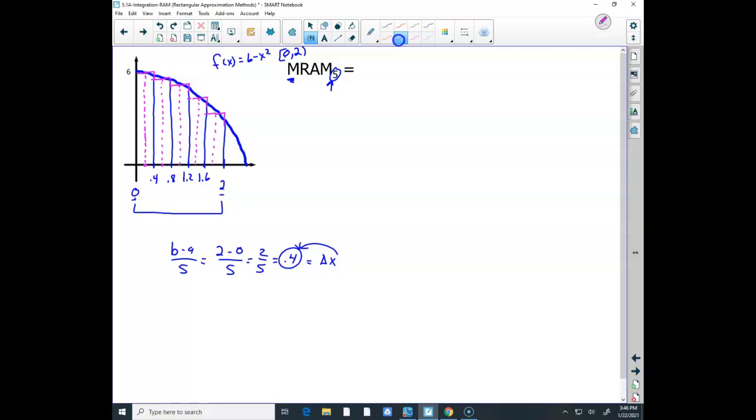Bottom line, I know my mid RAM of 5 is going to equal the width of 0.4 times all my heights, f of, but what is my first height? I'm the midpoint between 0 and 0.4, so that would be 0.2, plus f of. How far is midpoint to midpoint? If I have equal width rectangles, they are all 0.4 apart.